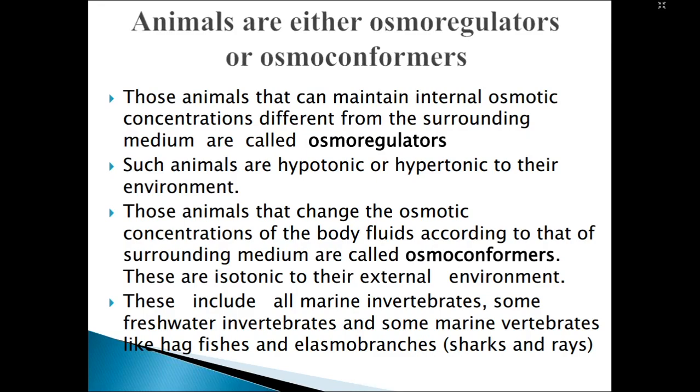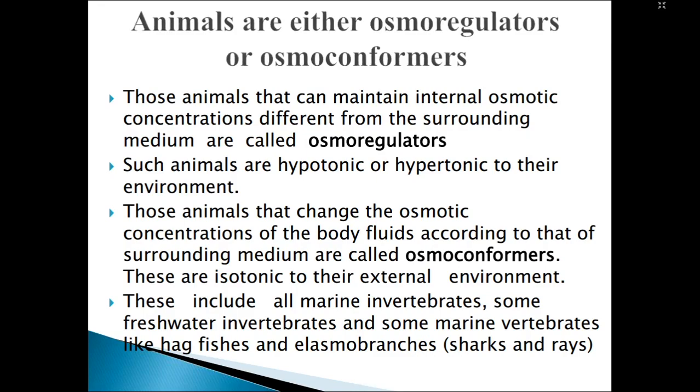Those animals that change the osmotic concentration of the body fluids according to that of the surrounding or external environment are called osmoconformers. These are isotonic to their external environment.